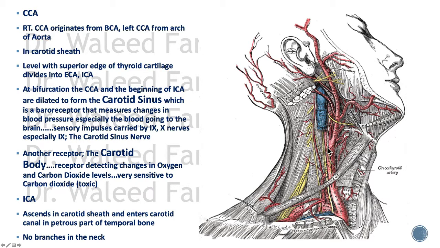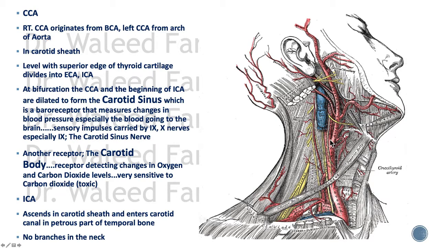By the way, its afferents are taken up by a branch from the glossopharyngeal nerve, and some books add the vagus nerve as well. Another collection of receptors near the origin of the internal carotid artery is called the carotid body. This is not a baroreceptor, it's a chemoreceptor.